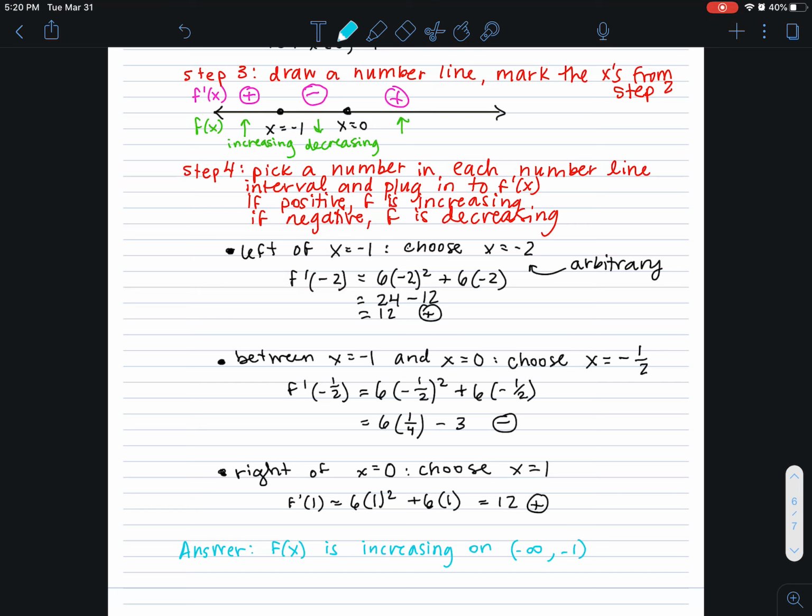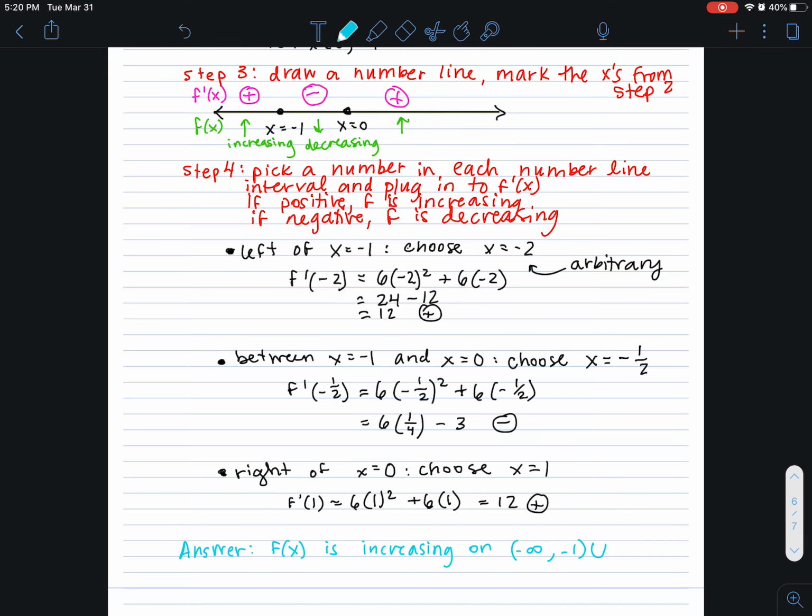We don't actually include -1 in here, so we have a curved bracket here, because at that exact instant it's switching from a positive slope to a negative slope, and we actually know that the derivative is equal to 0 there, so it's neither positive nor negative. So we just have a curved bracket on -1.